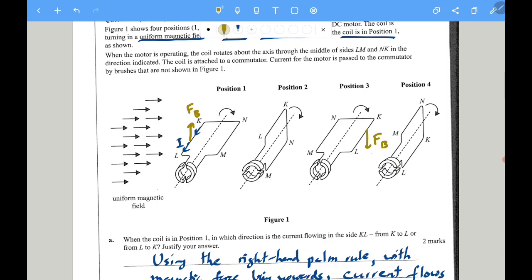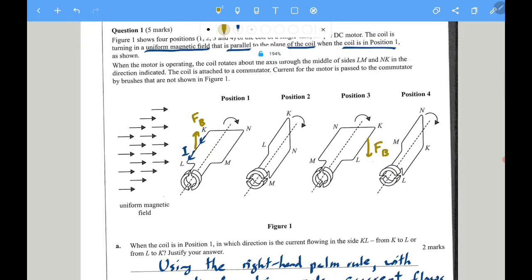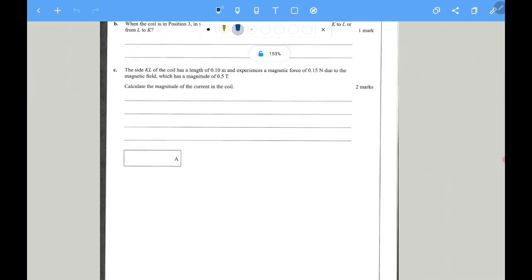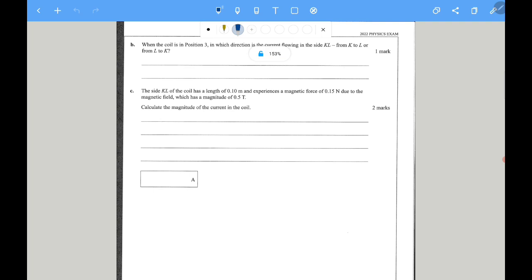If you just quickly twist your hand, you'll realize that the current is indeed flowing from L to K. It can be a bit awkward twisting and molding your hands, but you'll get used to it. So the current flows from side L to K. The current swaps direction, and that's the whole point of the DC commutator in the first place. It swaps the direction of the current every half turn.